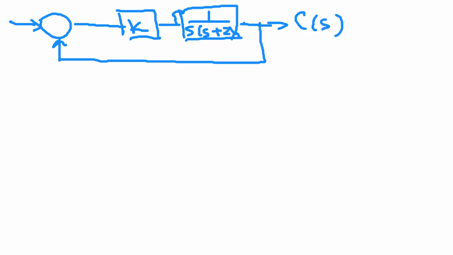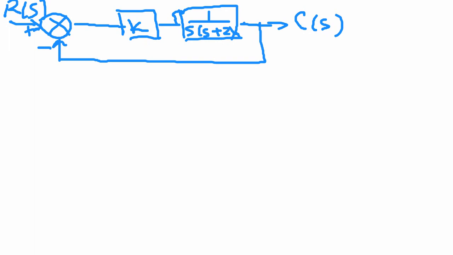Now, the system is this. Output, input, and comparison. Okay. So this system is like this.